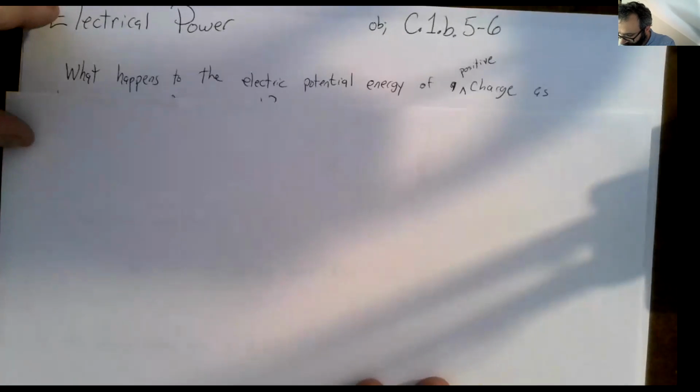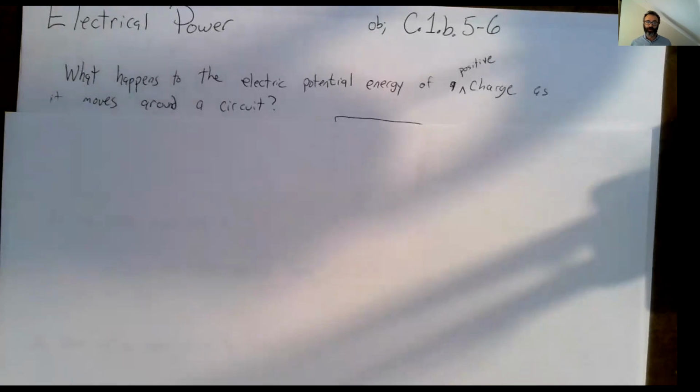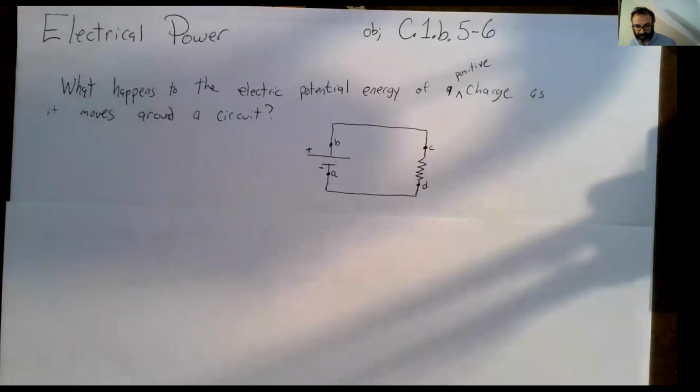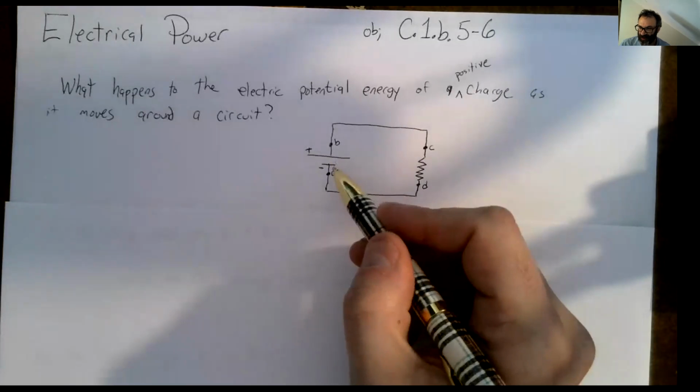So what we want to ask first is what's going to happen to the electrical potential energy of a charge as it moves around a circuit. And this is basically the simplest circuit we can have. You'll see here, this represents a battery in a circuit diagram.